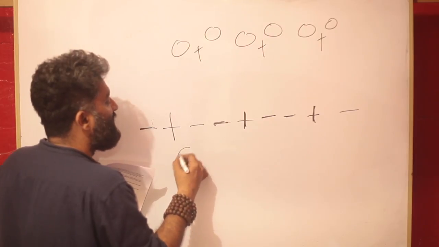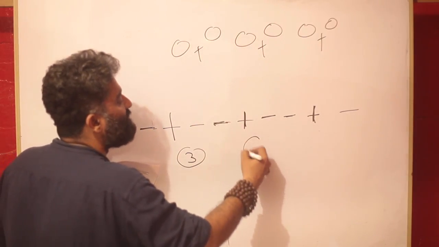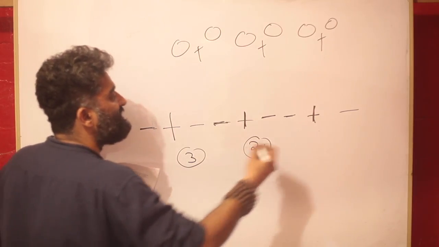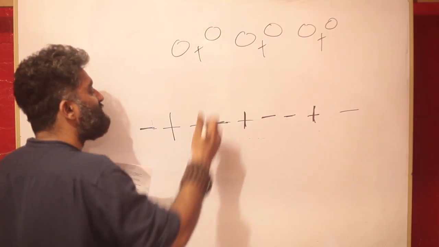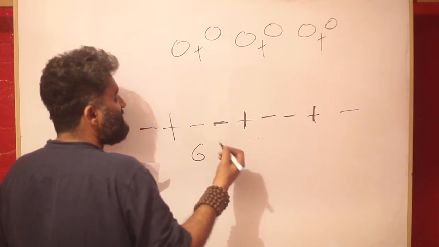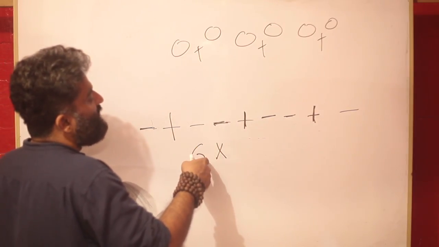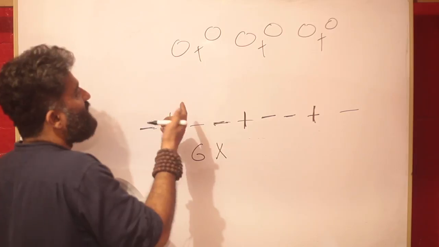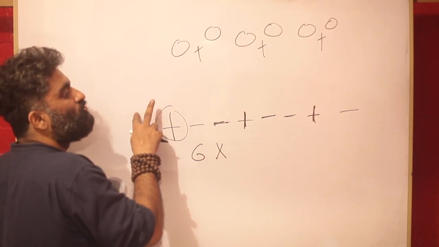Okay, how many ways can I do it? I can do it again 3 ways. If I take one of the children and put them here, how many ways can I do this? 2 ways. And how many ways can I do this? 1 way. So how many ways for the children to sit? There are 3 into 2 into 1, 6 ways, right? And now I have to seat the parents, right? So how many ways for that? If I think of this child, how many ways? 2 ways.